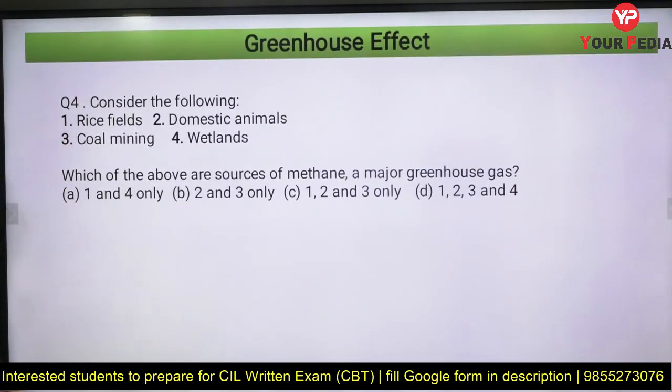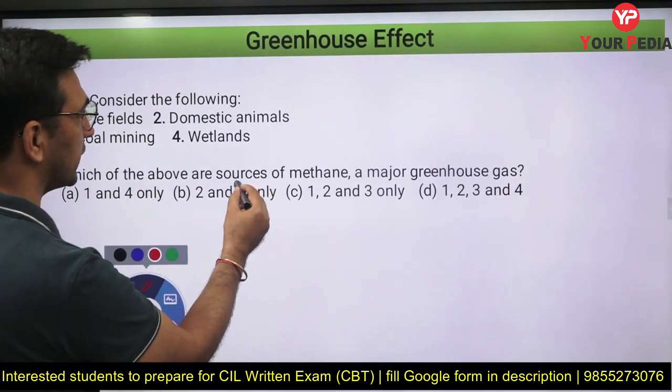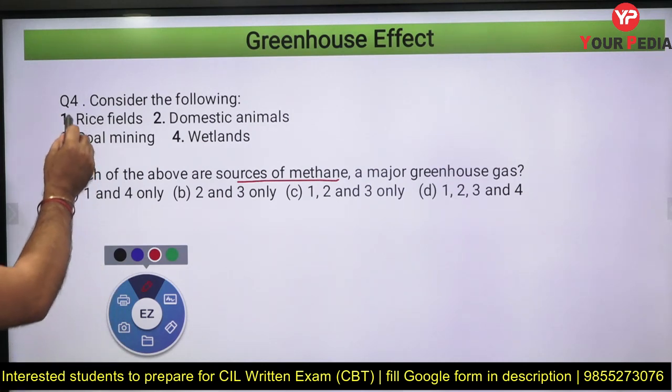Just have a look over here. Consider the following: rice fields, domestic animals, coal mining, wetlands. Which of the above are sources of methane, a major greenhouse gas? So out of these, which are the sources of methane? Where does methane get released from, which is a potent greenhouse gas, that you know. So is it released from rice fields?